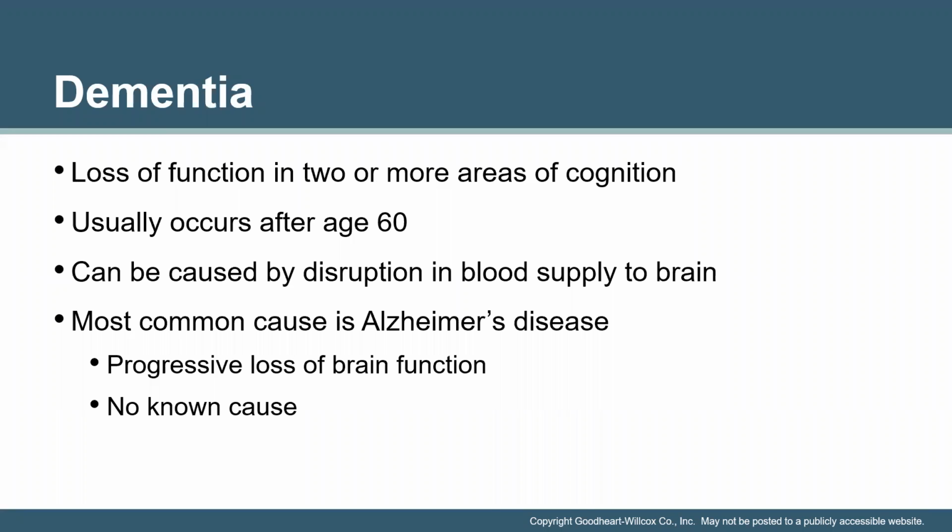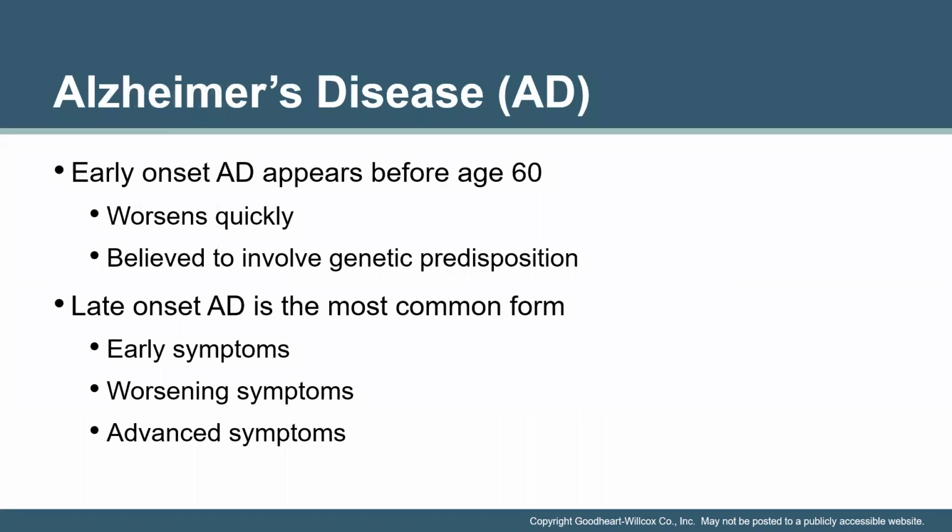There are tons of theories about this, though, not super sure. You can have early onset Alzheimer's, which is before age 60, and it worsens quickly. They're theorizing genetic predisposition. Well, that's likely. Okay.